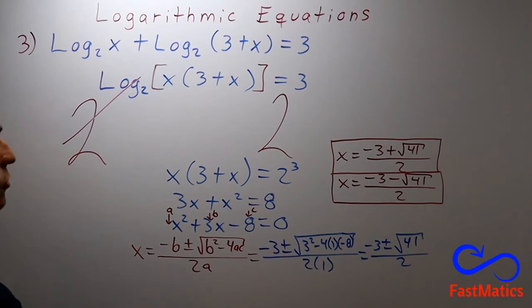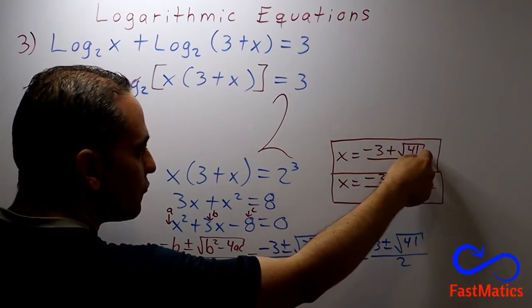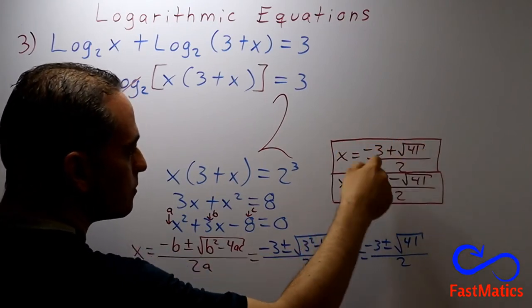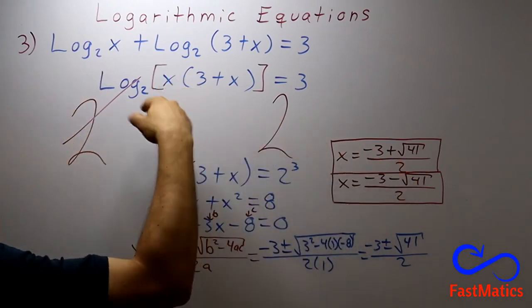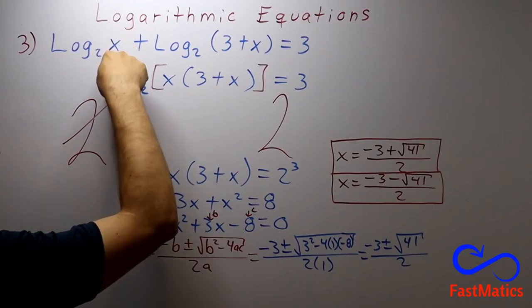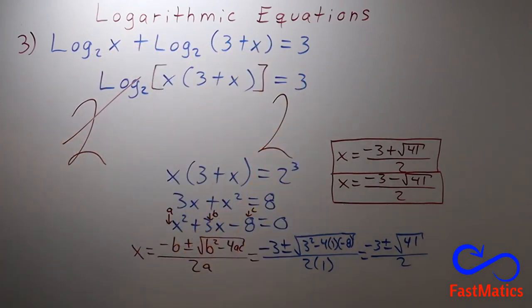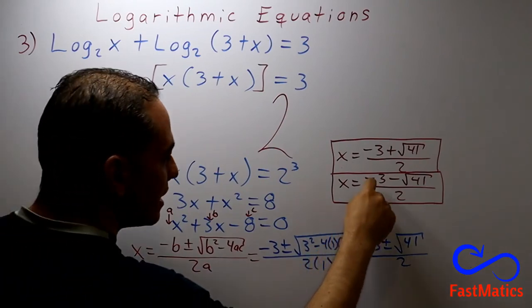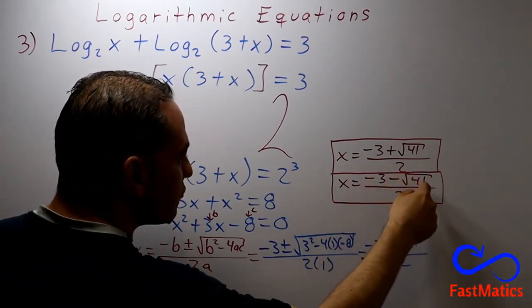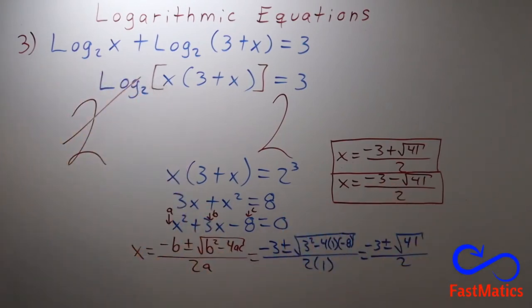So, if we replace this number that is positive, because the square root of 41 minus 3 divided by 2 will give us a positive number, the logarithm of a positive number plus the logarithm of 3 plus a positive number, no problem. But here, negative 3 minus the square root of 41 divided by 2 will give us a negative number.